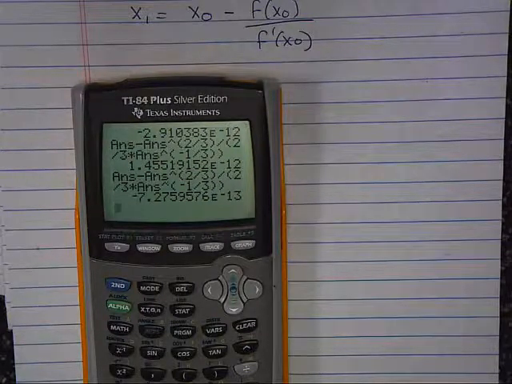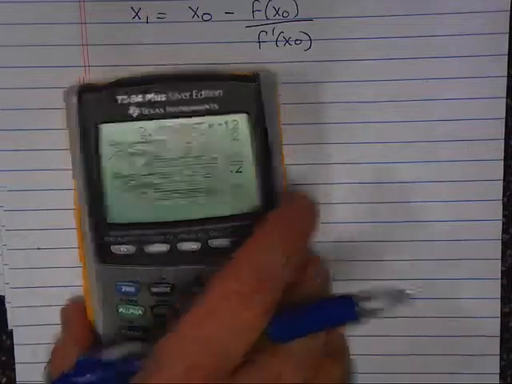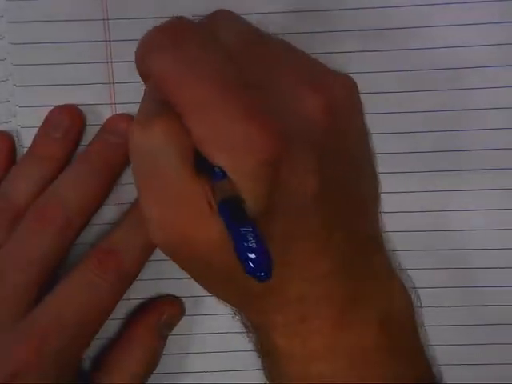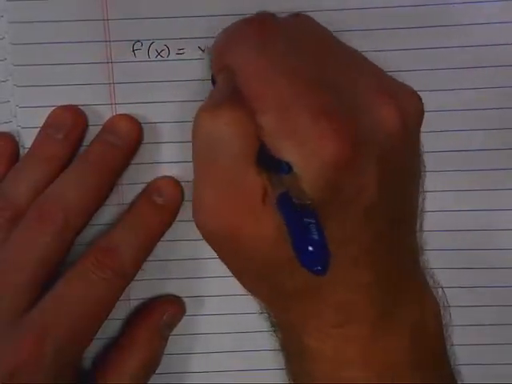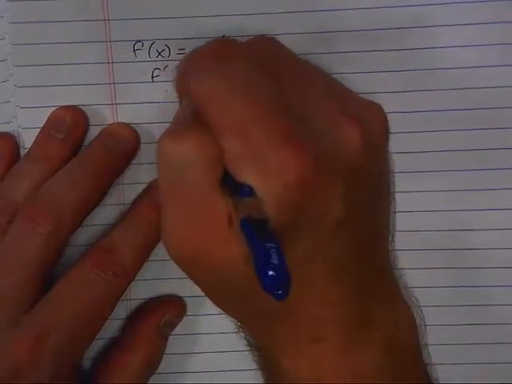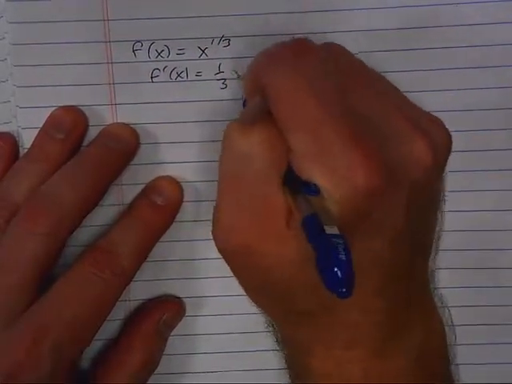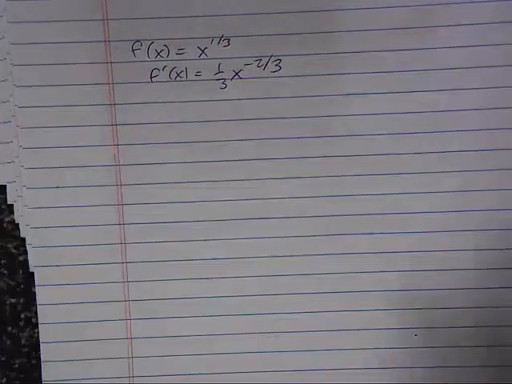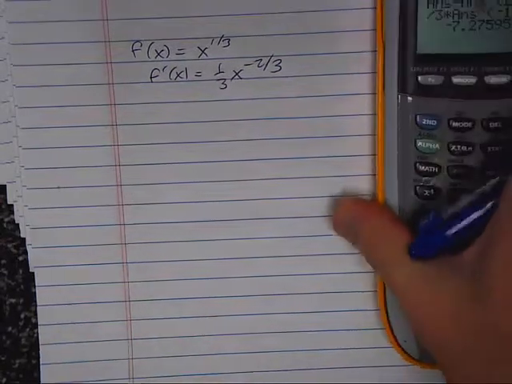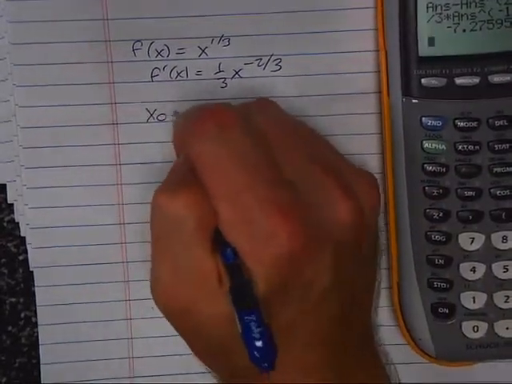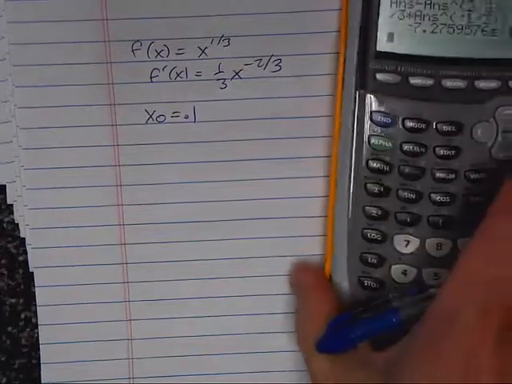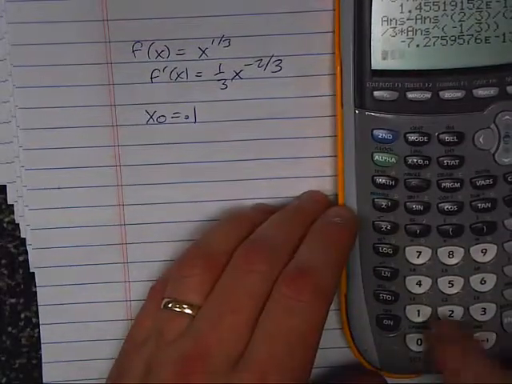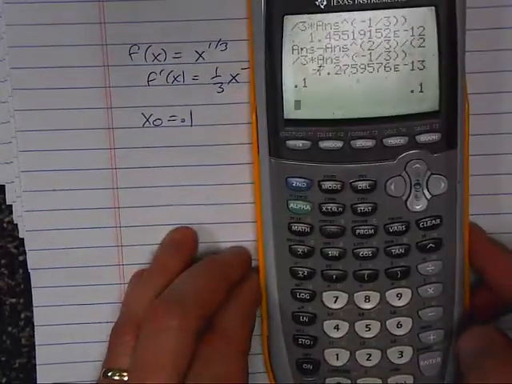I wanted x to the 1/3. Try it again. F of x is x to the 1/3. My derivative is 1/3 x to the -2/3. Okay, so once again, I'm going to start with my guess of 0.1. So 0.1 stored into my calculator.